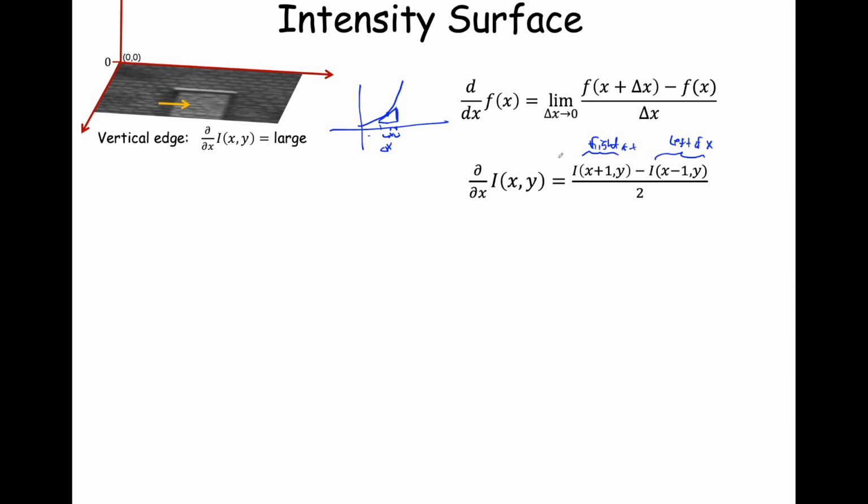So if we're going to compute the local slope at point x along the scan line in the intensity surface, we take that difference, this is the rise, the numerator: I of x plus 1 comma y, minus I of x minus 1 comma y. Then the run, the denominator, is just 2, because you're going 2 hops in pixels from x minus 1 to x, and then from x to x plus 1.